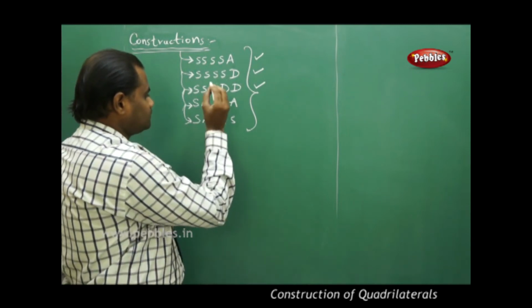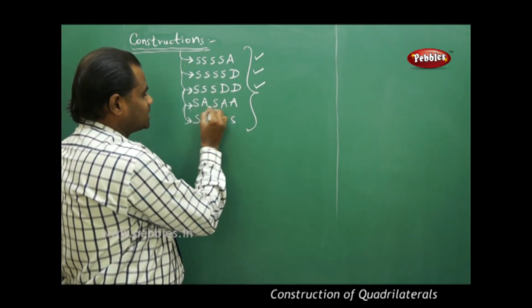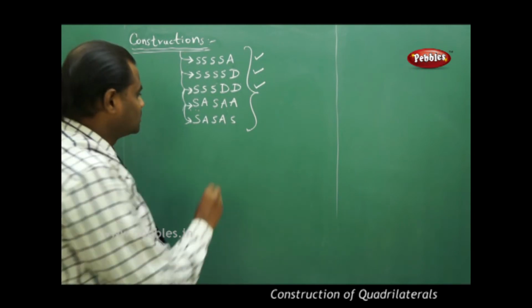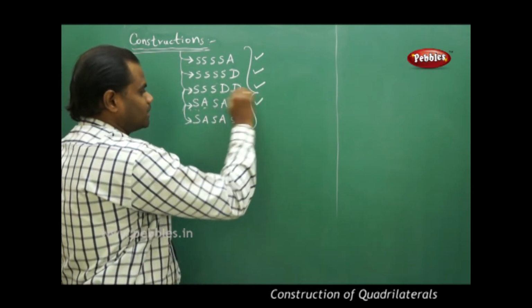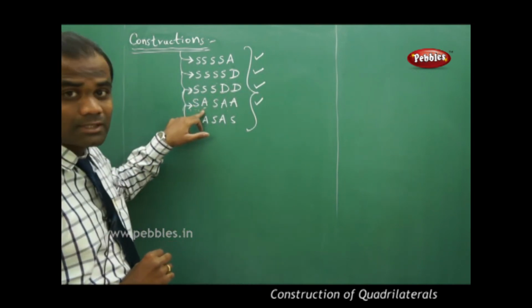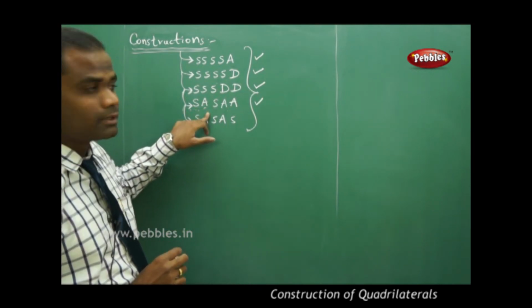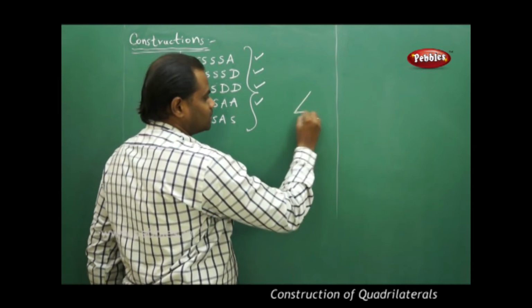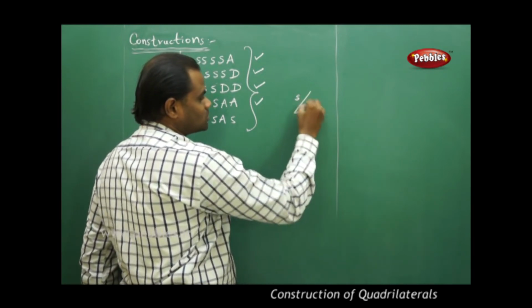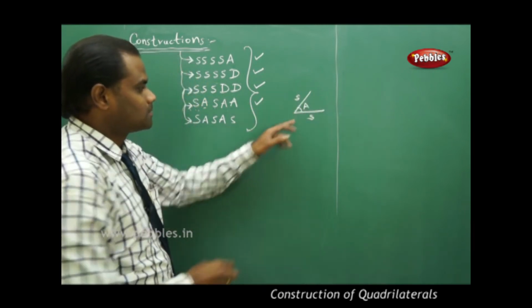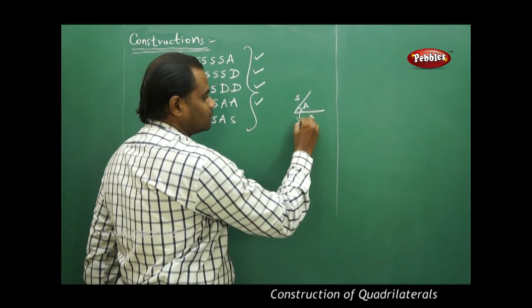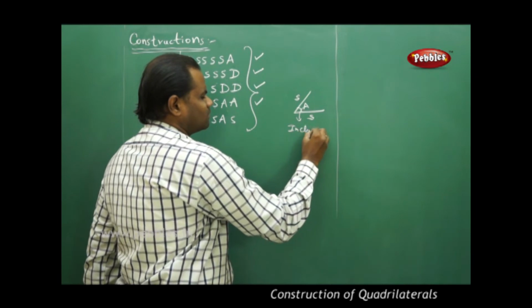Next, if I have 2 sides and 3 angles such that one of the angle is included angle, then also I can construct a quadrilateral. Now the condition here is that one of the angle must be an included angle, in the sense that if this is a side, this is one more side, then this should be the included angle between the sides. So this is called included angle.